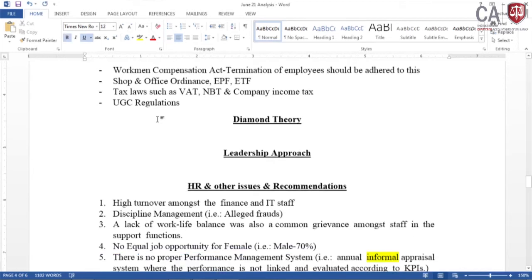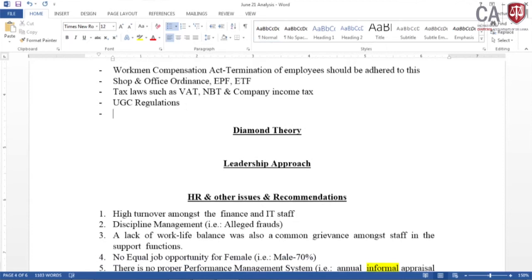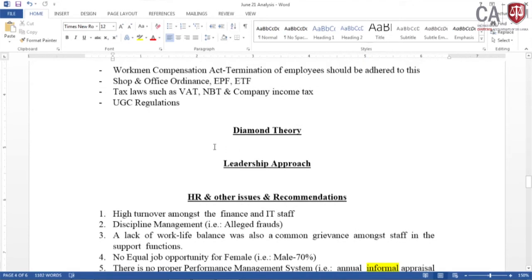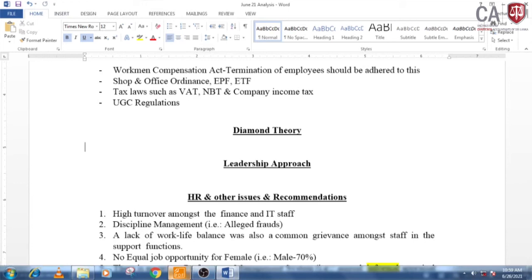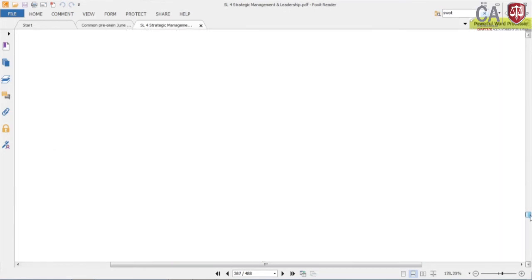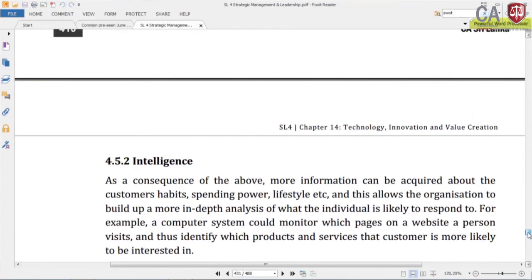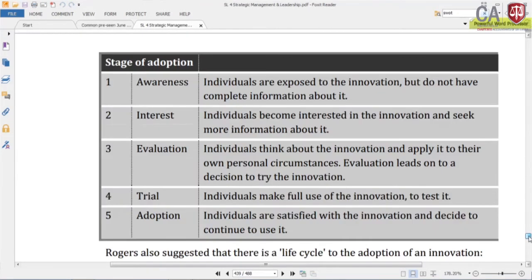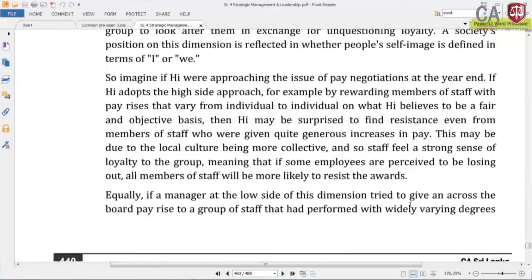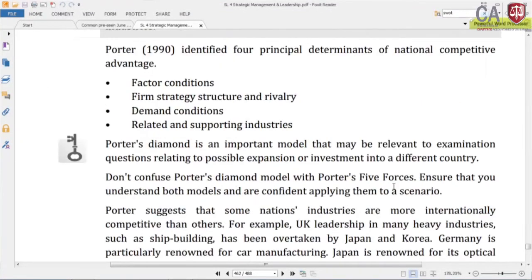Then, is there any other model we can apply here? We will see whether we can apply Porter's diamond theory. Diamond theory, now what are the things here?